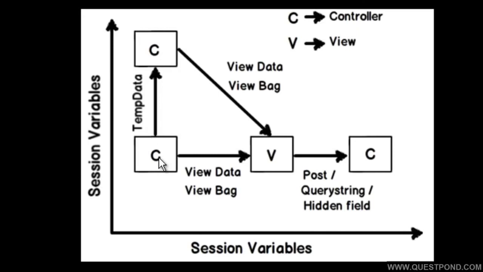If you want to maintain your information when you move from controller to a view, you can use view data or view bag. View bag is a collection of view data, and it derives from the dynamic keyword. And if you want to persist information when you move from view to a controller, you can use HTTP post, get, query string, hidden fields, Request.Form, etc.